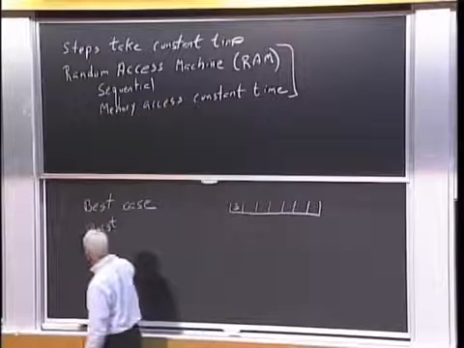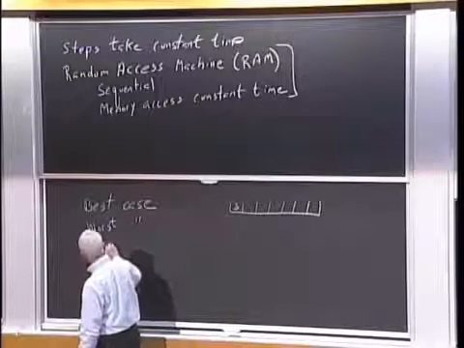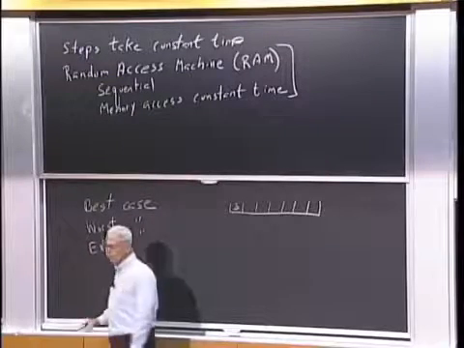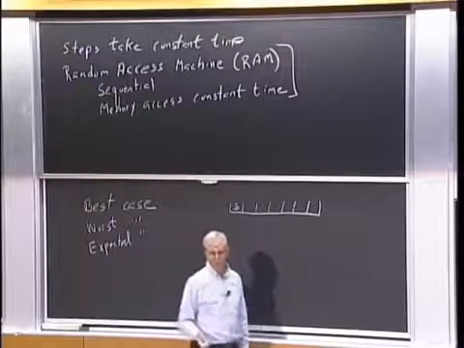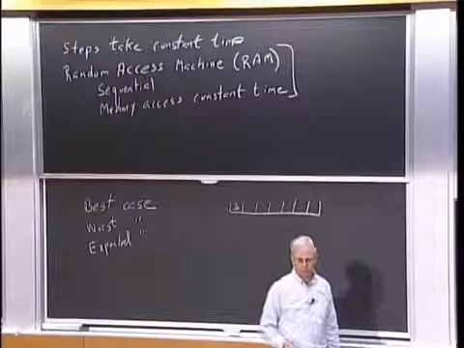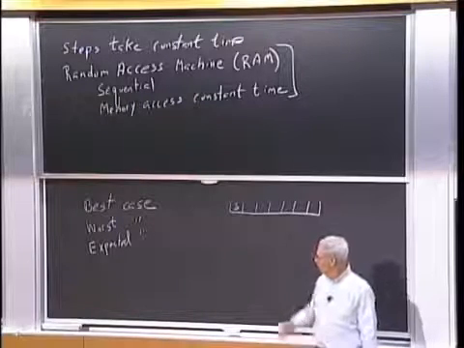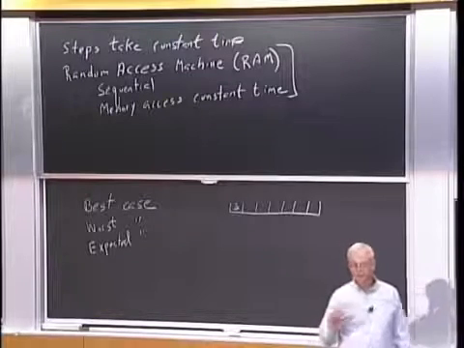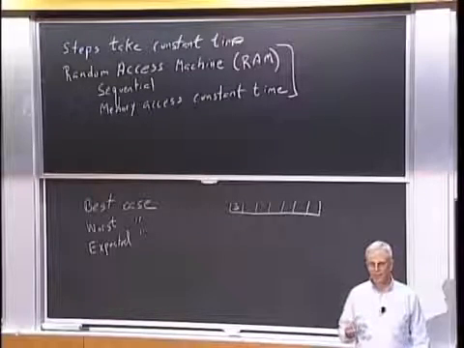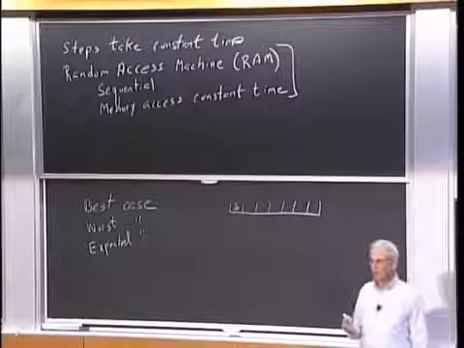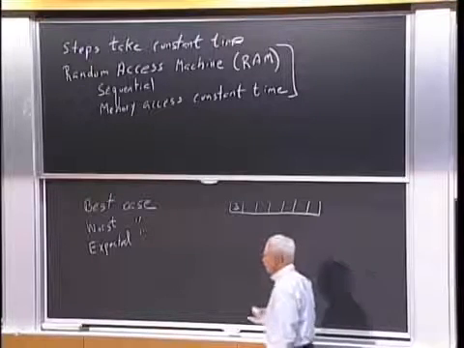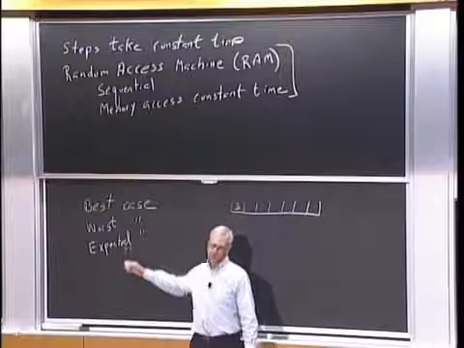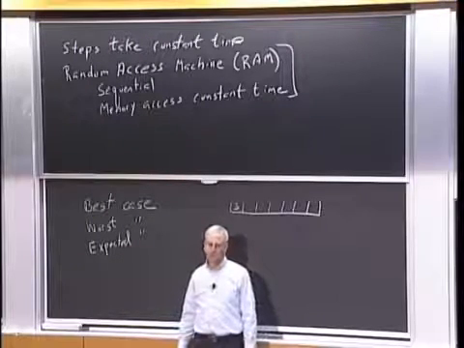And then I can ask what's the expected or average case. What would happen most of the time? The expected case seems, in principle, like the one we should care about. But the truth is, when we do algorithmic analysis, we almost never deal with the expected case because it's too hard.